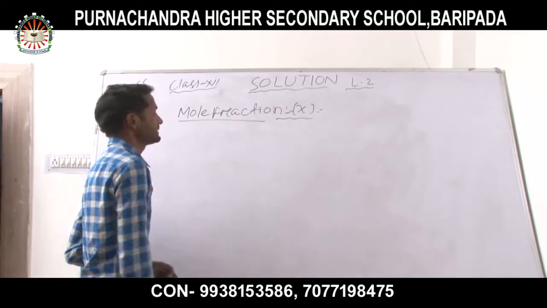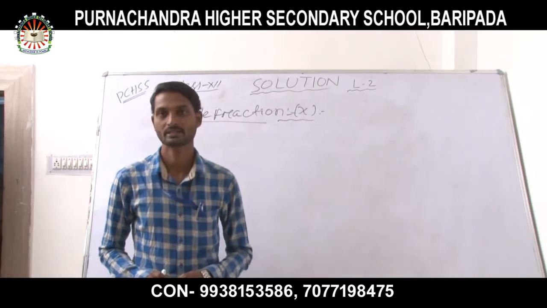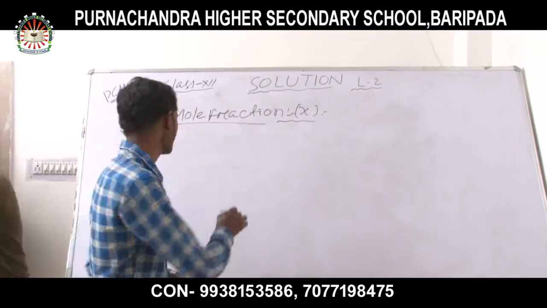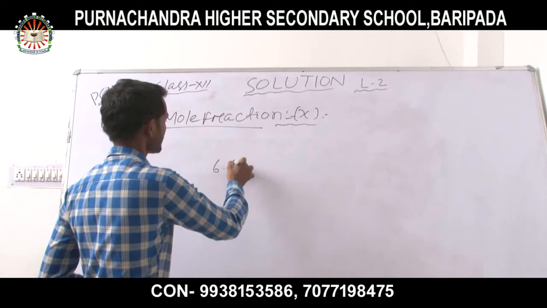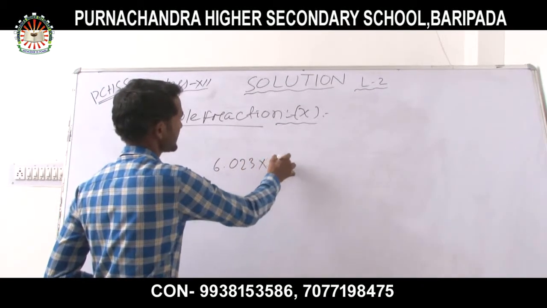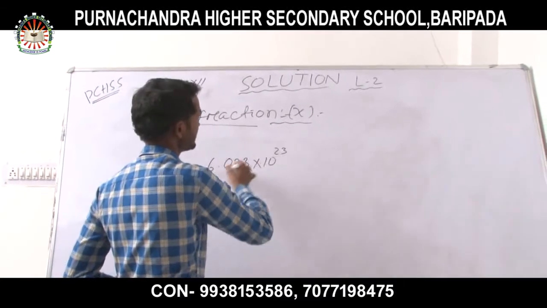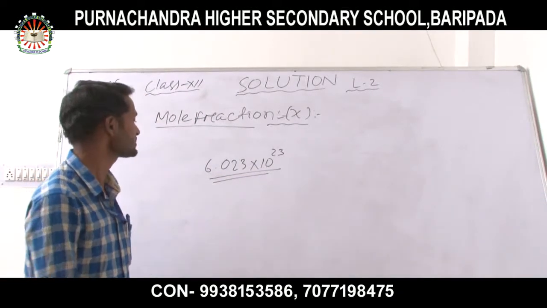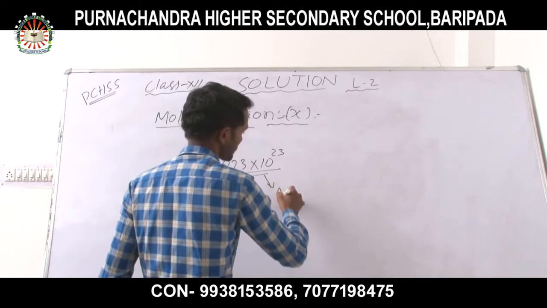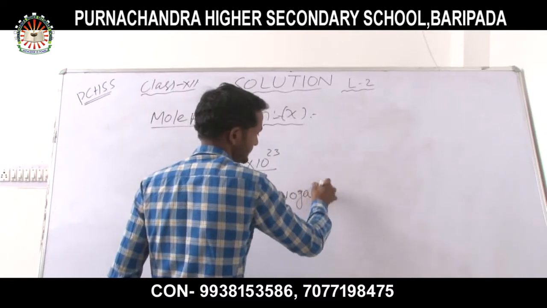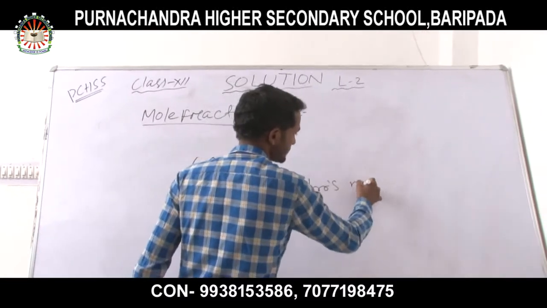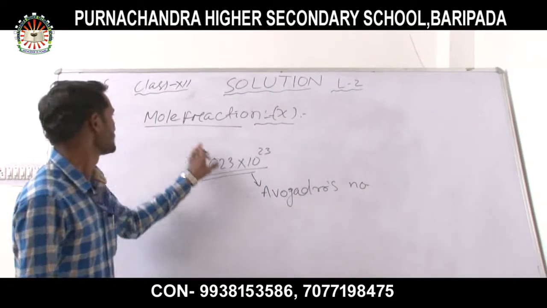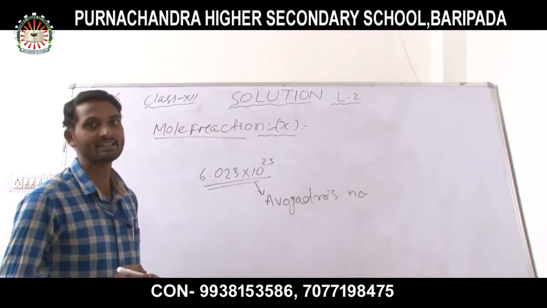Mole is a unit of a substance and its value is 6.023 into 10 to the power 23, which is also known as Avogadro's number. So, mole fraction means it is the ratio.